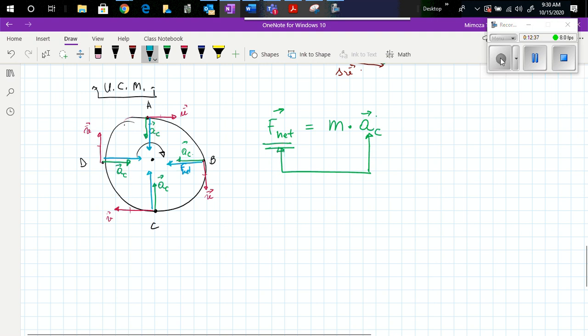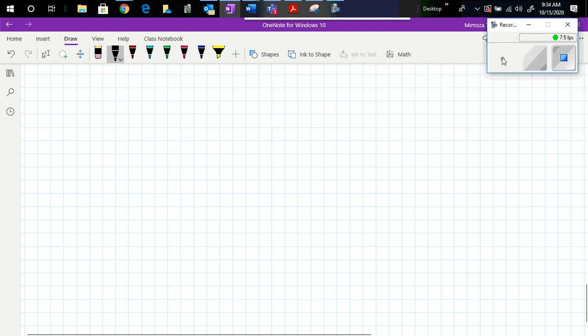We call this net force the centripetal force. Is this clear? Now let's talk a bit about the centripetal force.